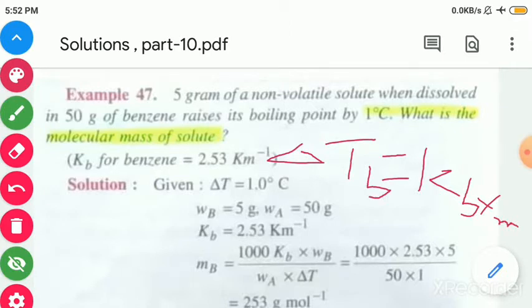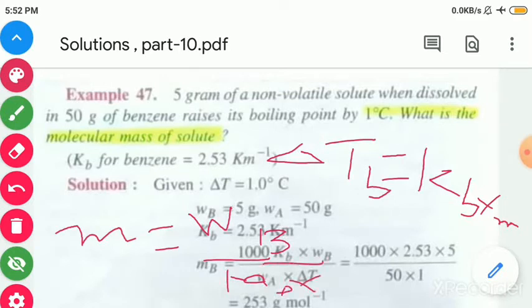Here m is molality, and we know that molality m is equal to Wb upon Mb into Wa in the denominator into 1000. We take 1000 if the mass of solvent is in gram.